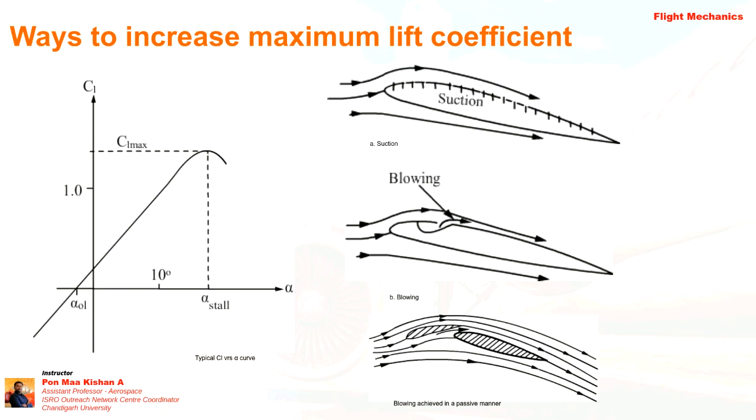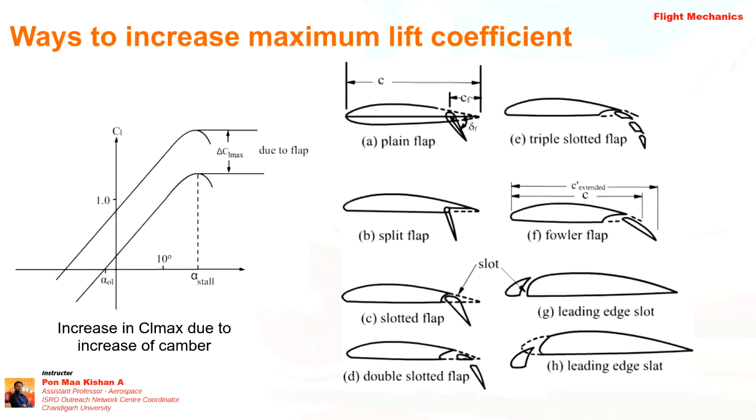Another way is either increasing the area of the wing or introducing secondary control surfaces. So flap is a secondary control surface, whereas aileron, elevator, and rudder are primary control surfaces. Flap has advantages as well as disadvantages; it depends upon where you are using it.